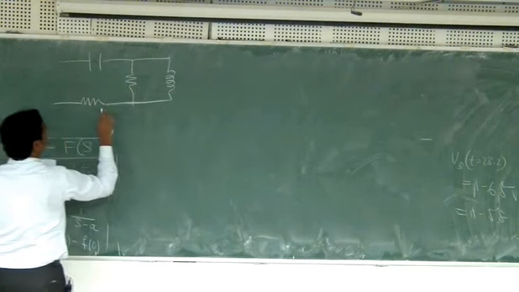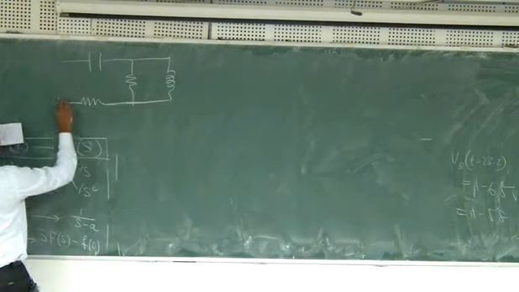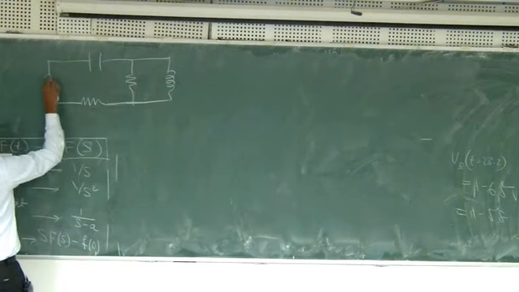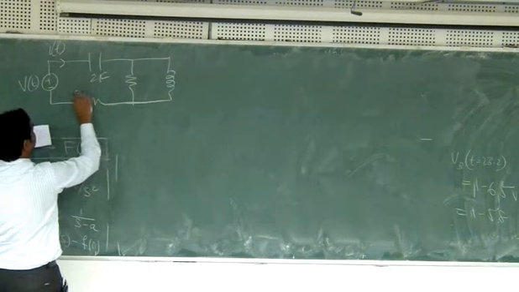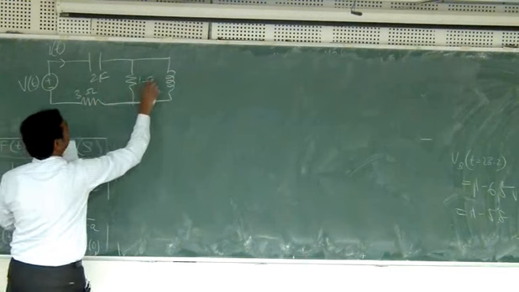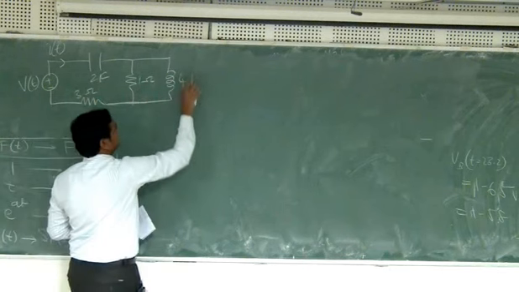So this is just connected. So here plus minus V of t, and this is I of t. So this is 2 farads, 3 ohms, 1 ohm and 4 henries.